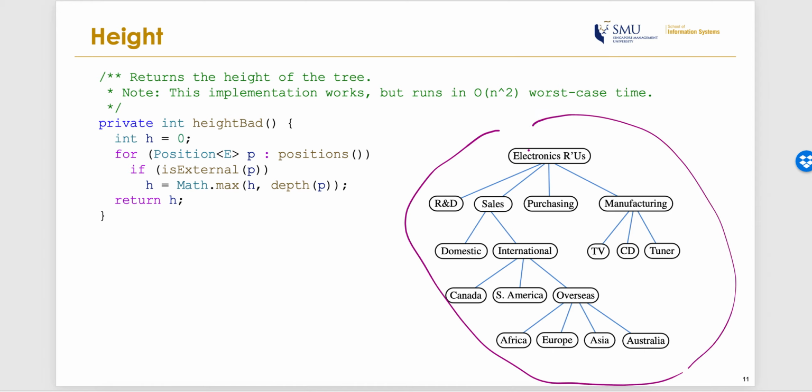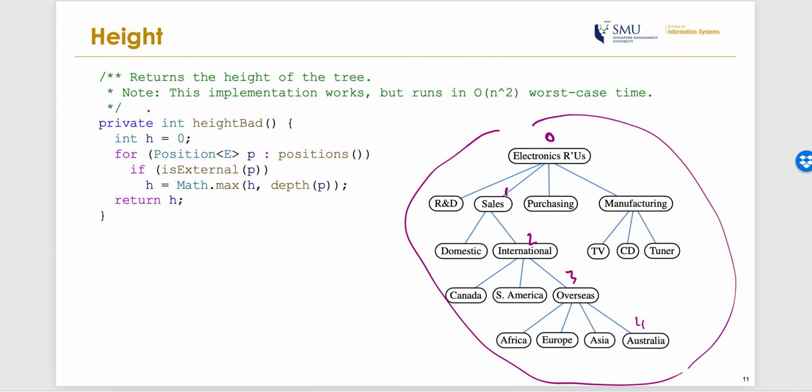What it means is that we want to know the maximum depth of any one particular node. Now, in this case, the depth is 0, and then 1, 2, 3, and then 4, right? So in that case, the height of this tree is 4, right?